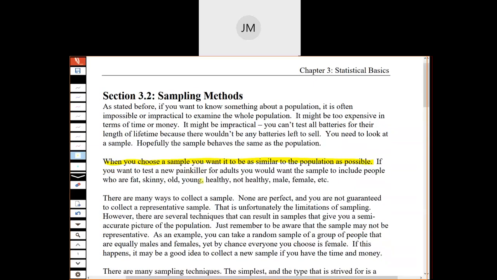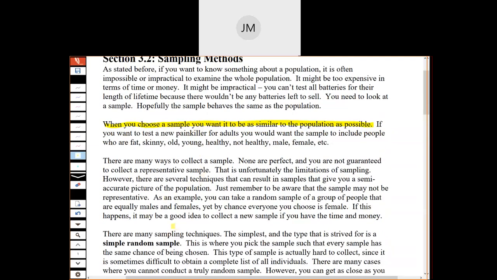All right. So let's look at how to collect a sample. And there's lots of different ways. And the thing that we need to realize is that no matter what good method we use for picking a sample, we're not guaranteed that it's going to end up being representative of the population. And so we can always have problems with our sample.